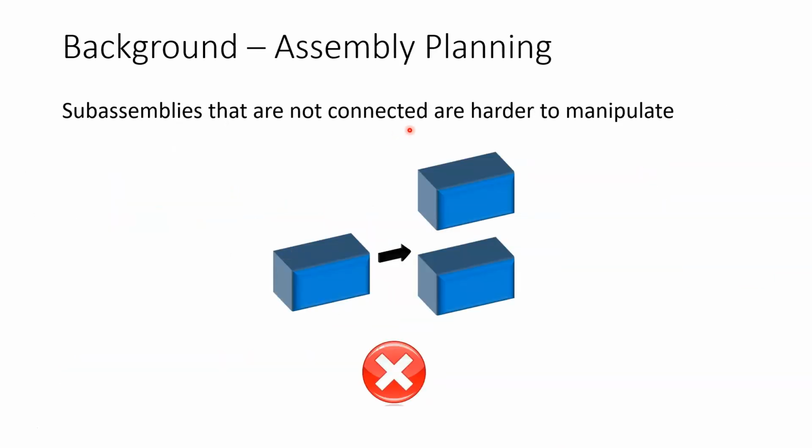The motivation for that is shown through this example where we have a subassembly on the right that is not connected. In order to complete this operation, we would have to have some other hand holding one of these blue pieces, or maybe a fixture that would keep their relative position, and this is undesirable. So in practice, assembly plans rarely have such operations.